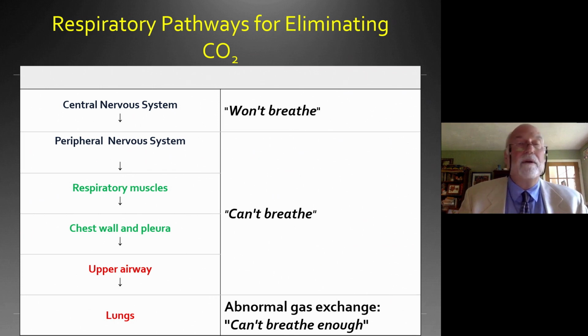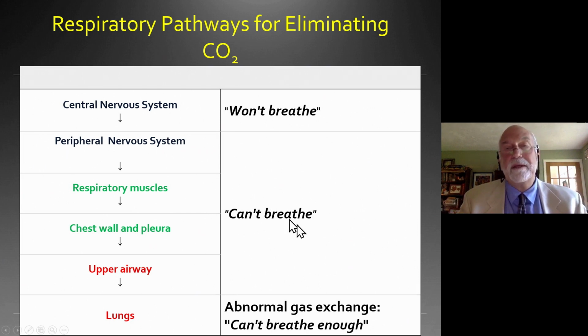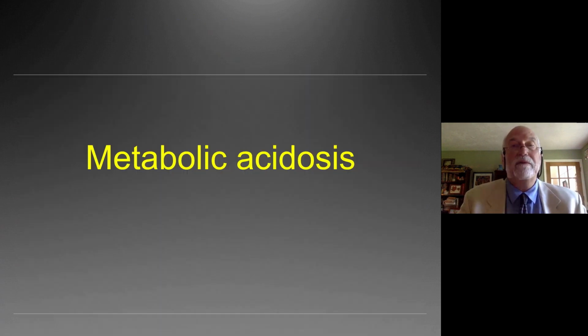And this is a very simple outline of a huge differential diagnosis for processes that would lead to a respiratory acidosis. It can range from central processes affecting the nervous system to the respiratory muscles and the chest wall pleura colored in green, or then to the direct pulmonary tissue itself, either in the airway or the lungs. So won't breathe, can't breathe because of muscle problems, or a primary pulmonary process where you can't breathe enough.